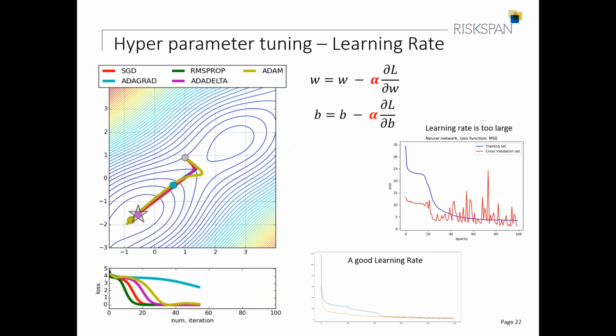Here is another example of the importance of the learning rate. If we take a look at the picture on the right, if the learning rate is too large, the loss of the cross-validation set will be very volatile, so we can't get good information from this model. But if we choose a proper learning rate, we will have a very smooth loss on the cross-validation set. And this model is what we want.